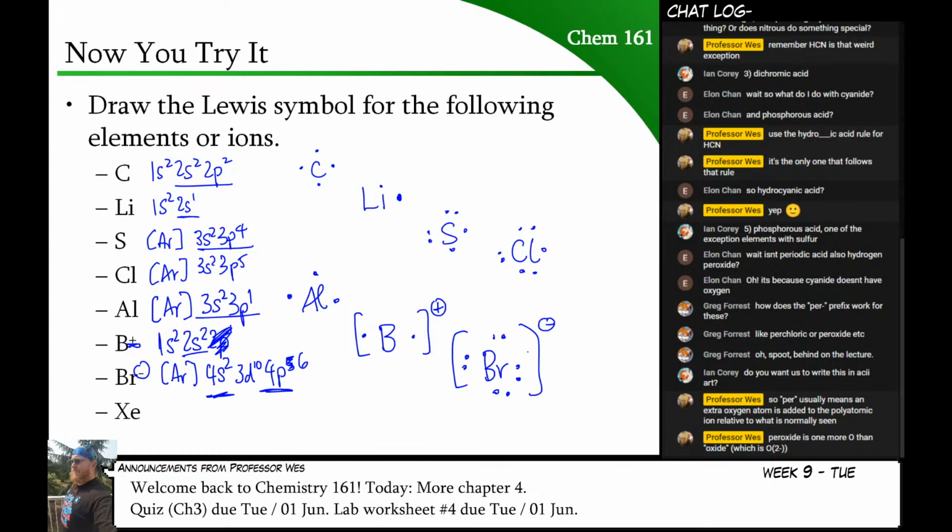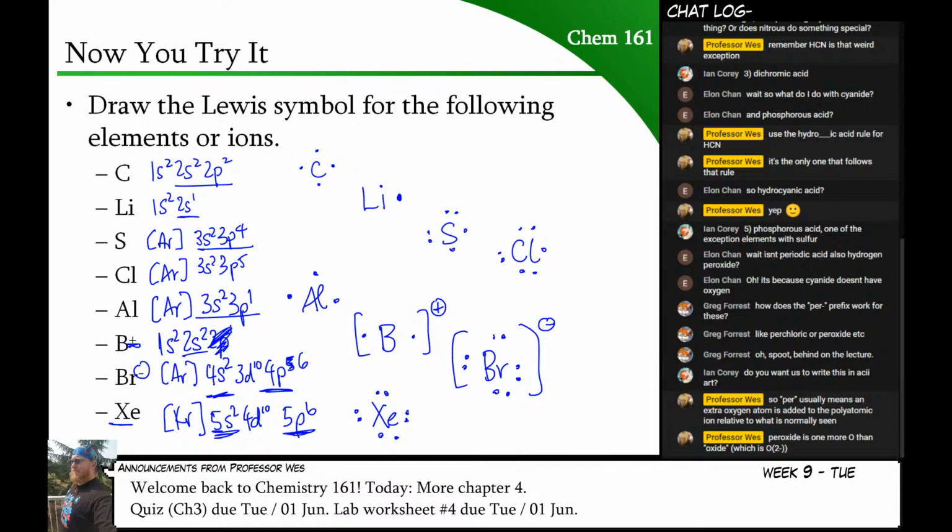And then by the same extension, xenon here is a noble gas, so it's going to have a full S and P subshell. When I write this out, krypton 5s2, 4d10, there's my full S and P subshell. So I'm going to draw 1 dot for each of those 8 valence electrons.